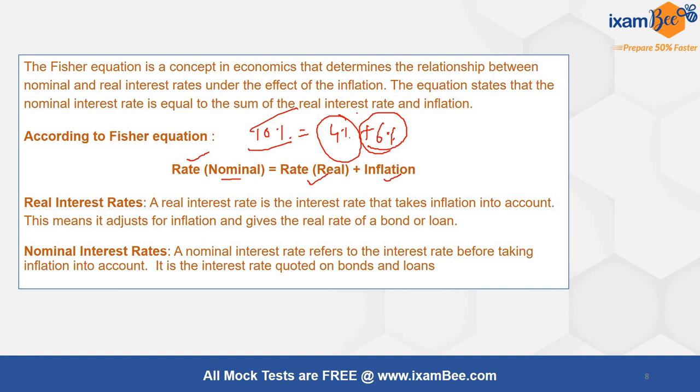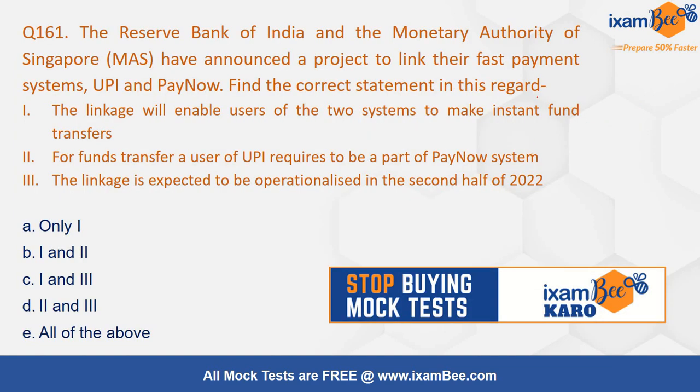Time value of money is related to this. In 1 year, automatically something which is rupees 100 worth is becoming 106, because 6% is the inflation.